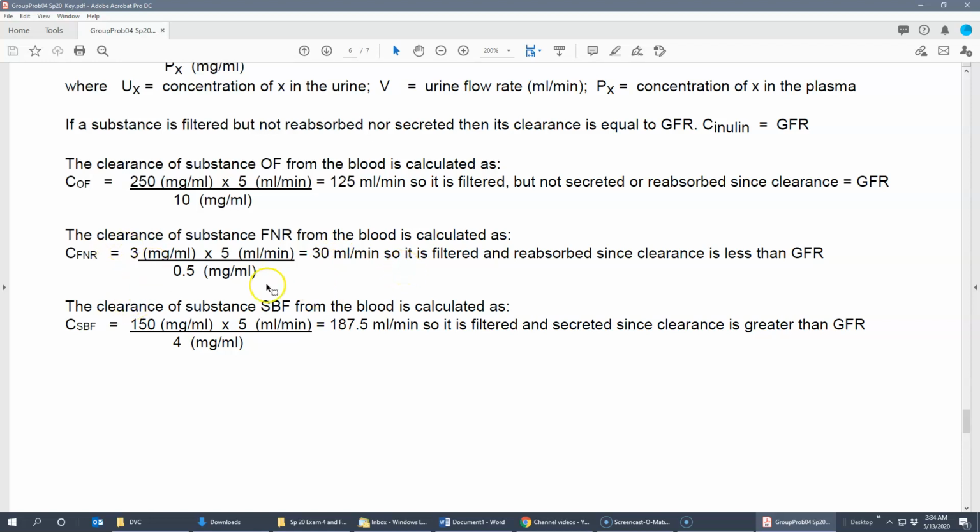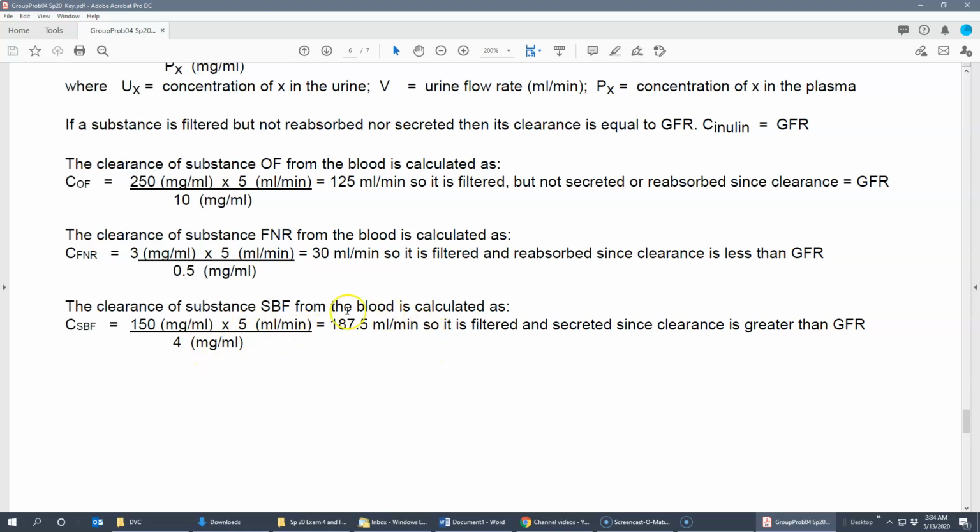The clearance of SBF. Given the numbers we got, 150 times 5 is 750 divided by 4, is 375 divided by 2 is 187.5 mils per minute.